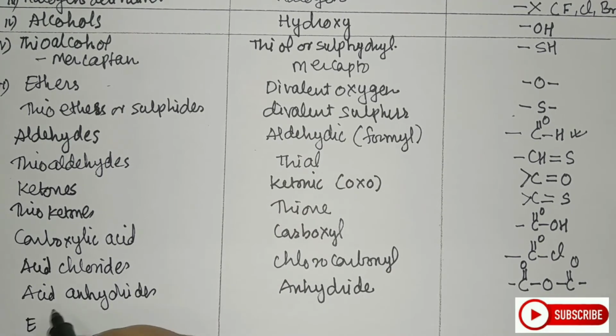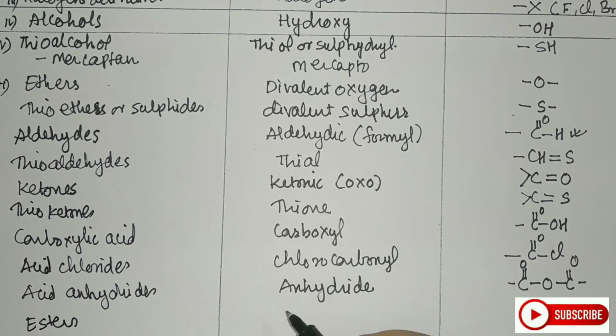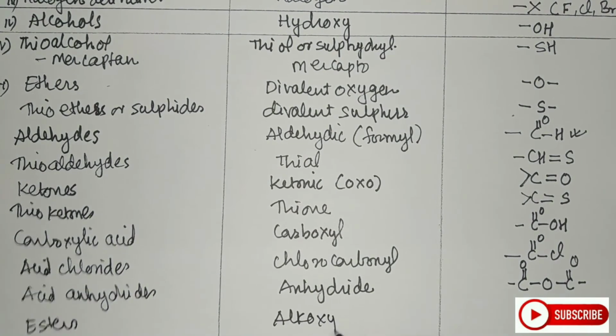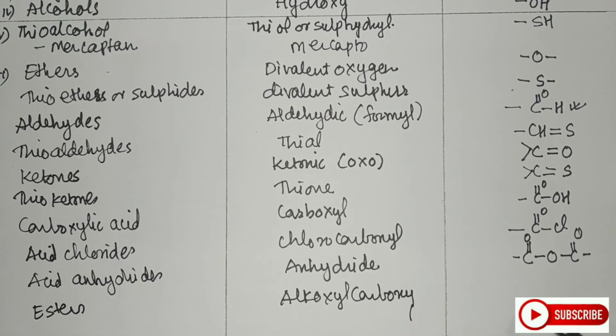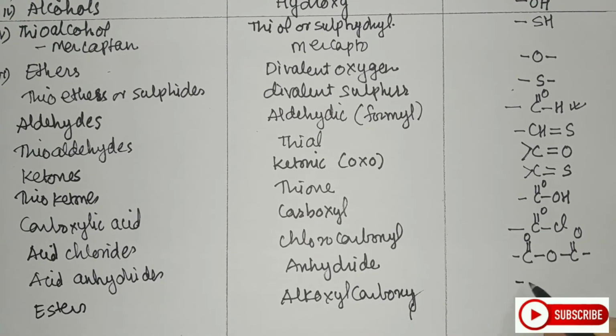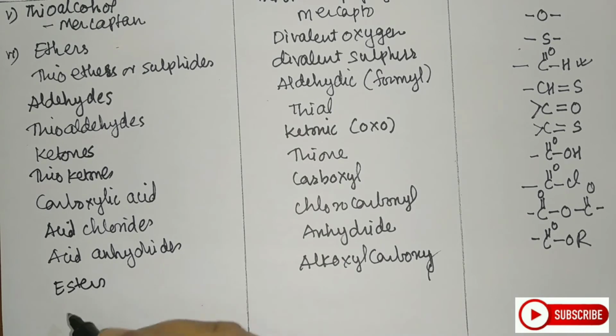Next is esters. They are called alkoxyl carbonyls. They are represented as C double bond O, OR. Then we have acid amides.